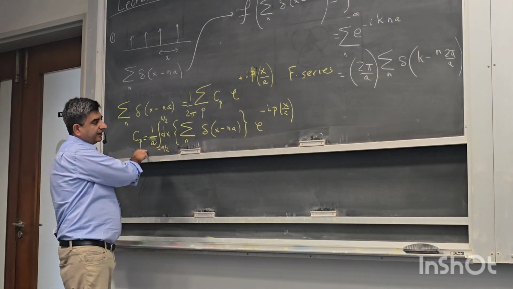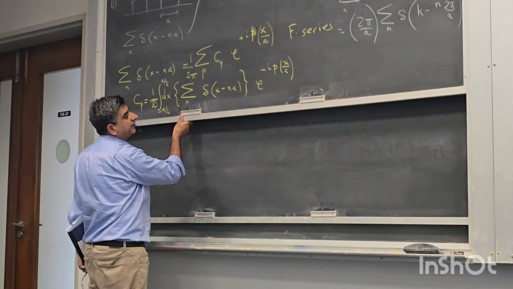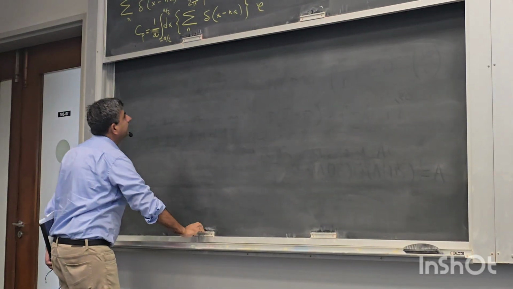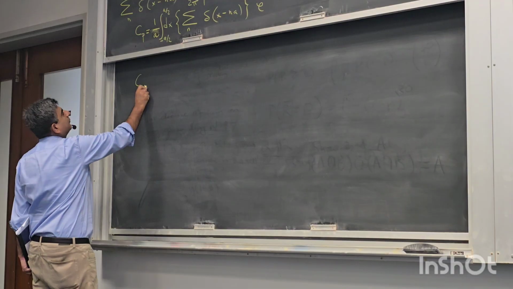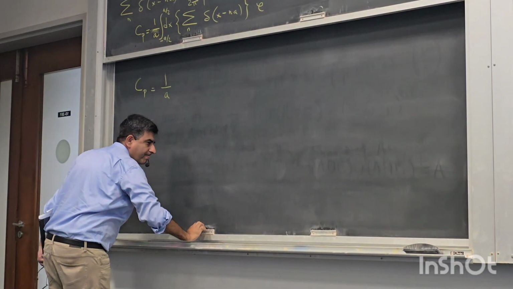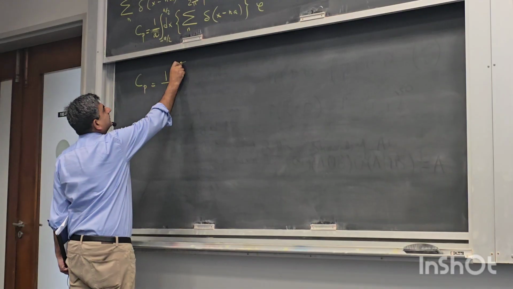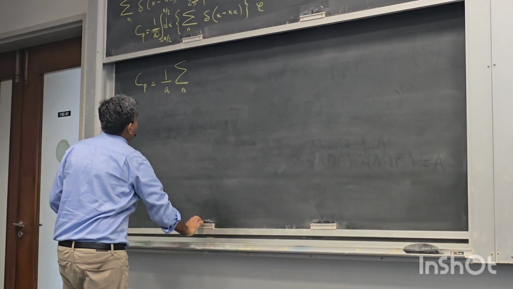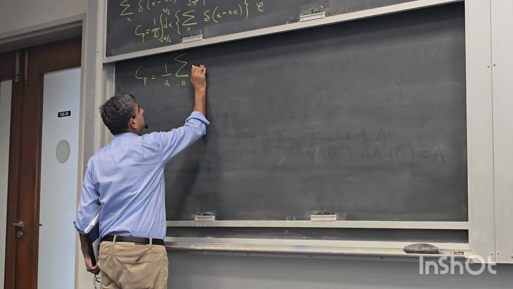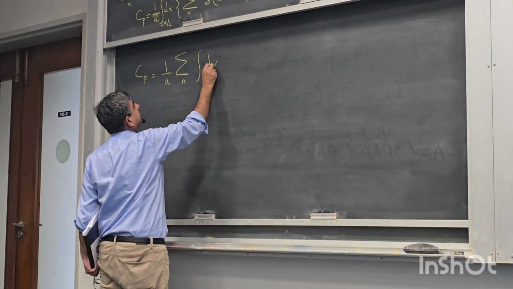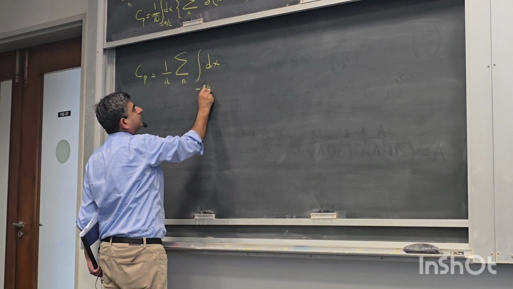Now the Fourier integral, let's compute this Fourier integral. C p equals 1 over a, sum over n, dx. X goes from minus a by 2 to plus a by 2.